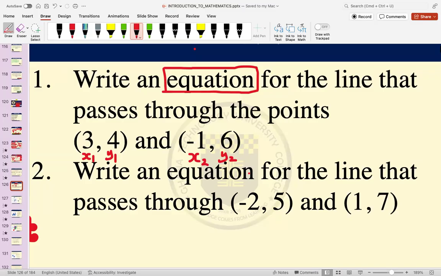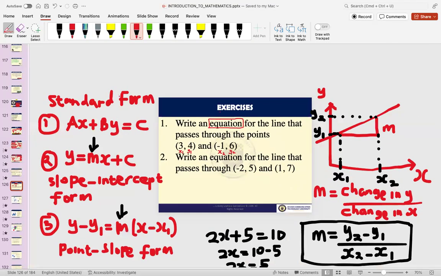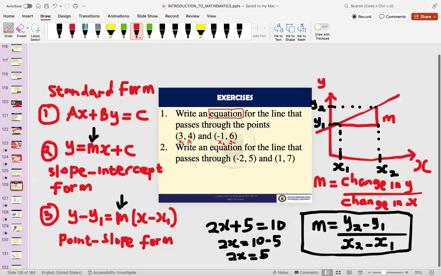So let's decide which form we want to put it, either the first form or the second form or the third form. The information we have been given, if you cast your mind back to how to find m, these are the formula that is used for m. Remember, for the first one, which is the standard form, you don't need m. There's no m in the equation.